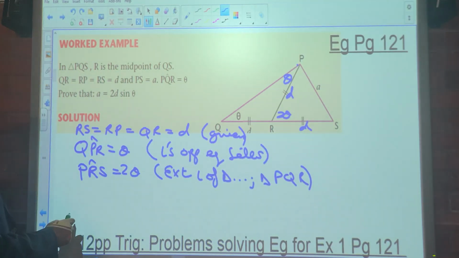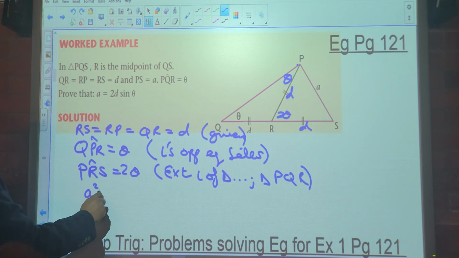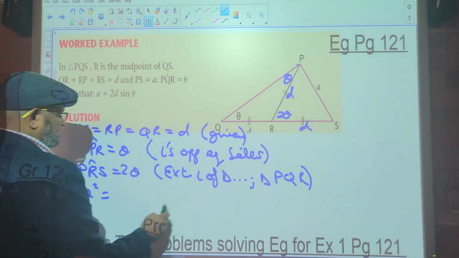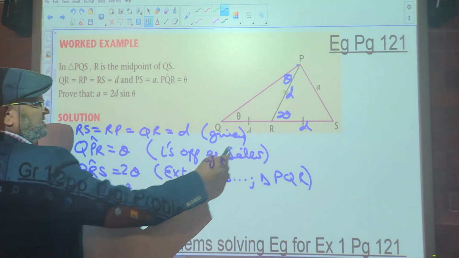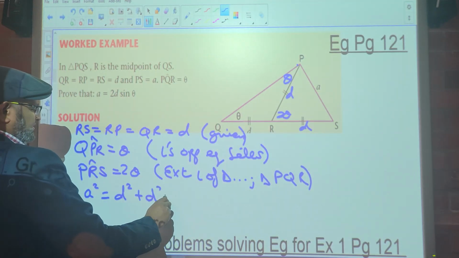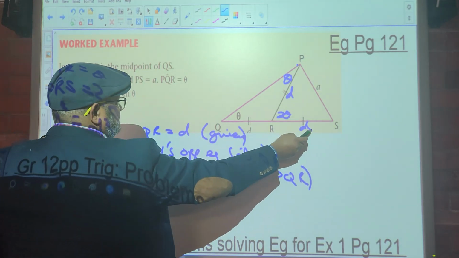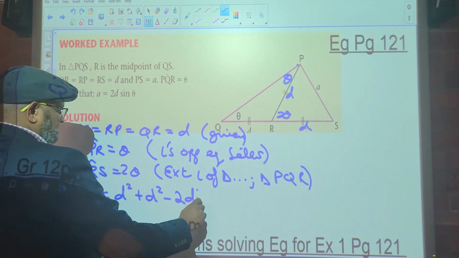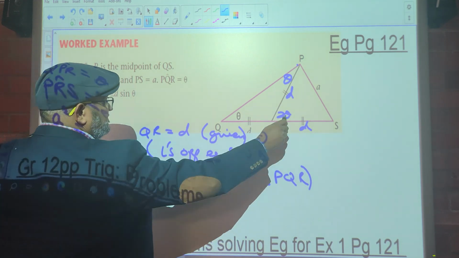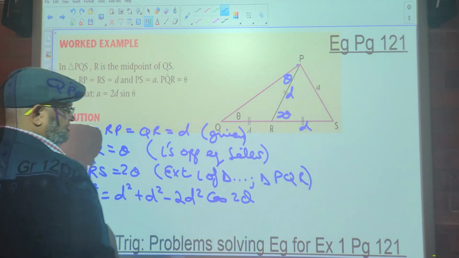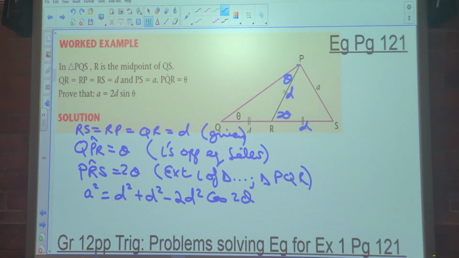So it's simply going to be A squared is equal to D squared plus D squared minus 2 D times D, D squared cos of 2 theta, not so?